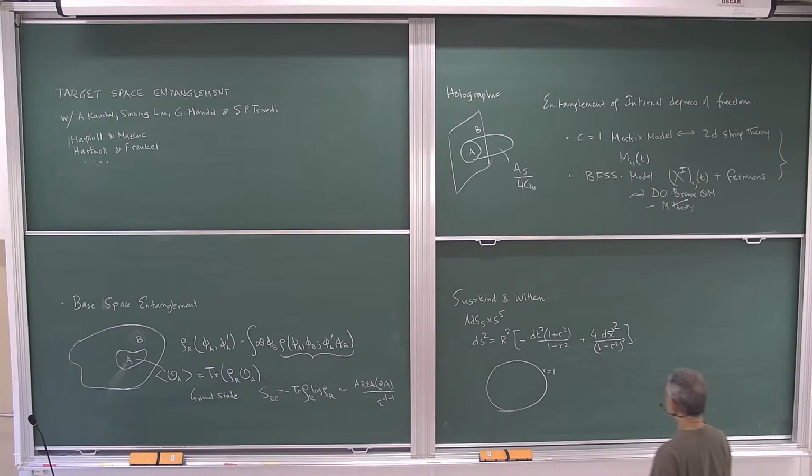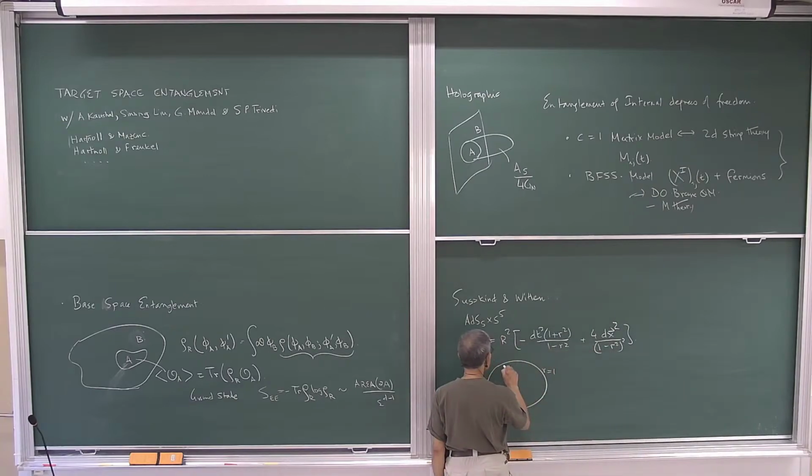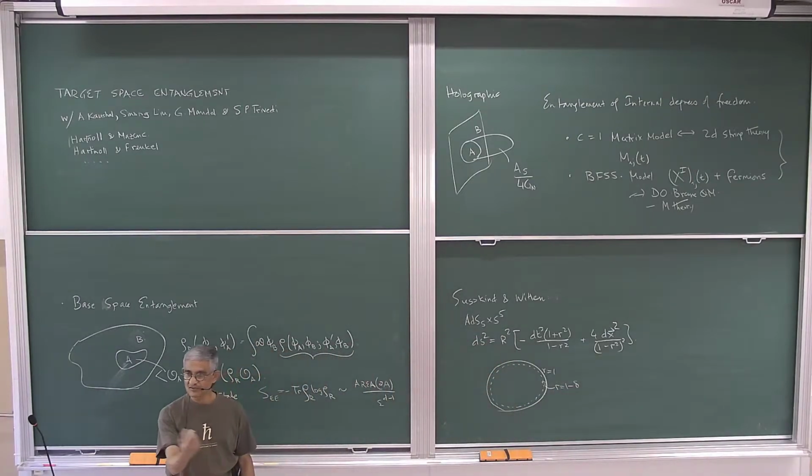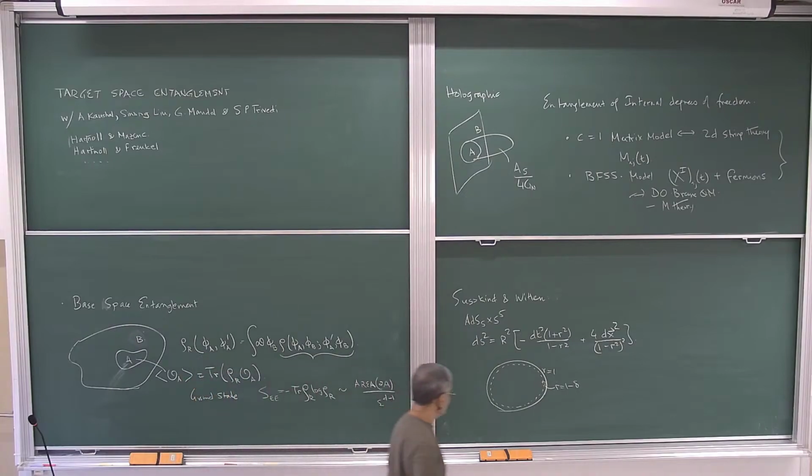And what they did was to calculate the area of a surface which is a little bit away from the boundary, with some difference which is delta.